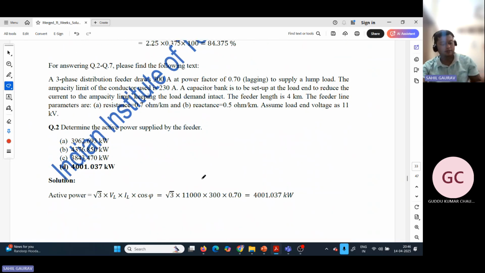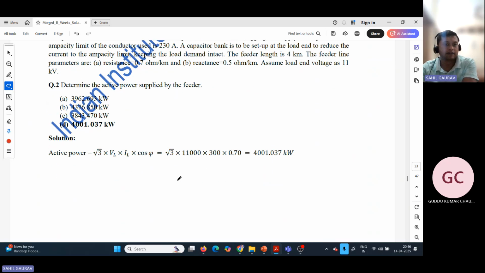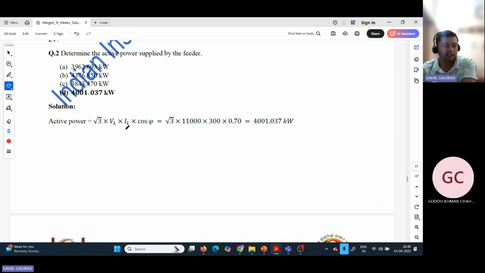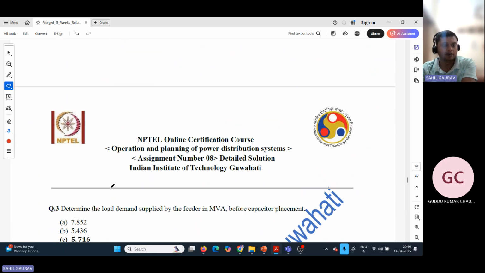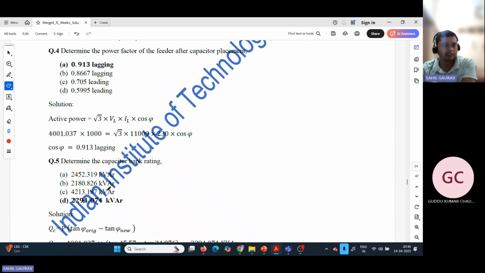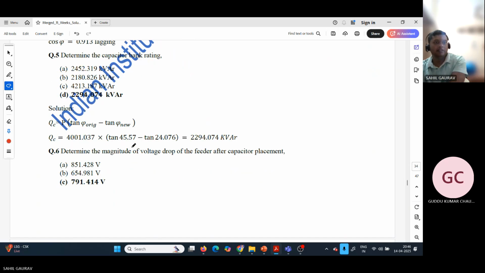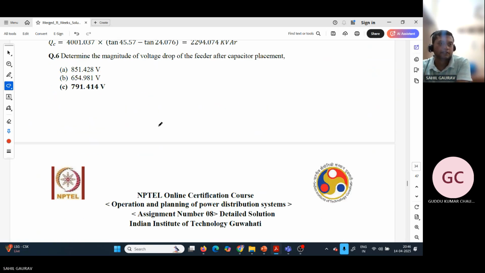Now for questions 2 to 7, these are very easy. First you have to find the active power, and then the apparent power, and then again the active power. Sorry, then you have to find the power factor, and then the capacitor bank rating after placement of the capacitor bank for power factor correction, and then the voltage drop.